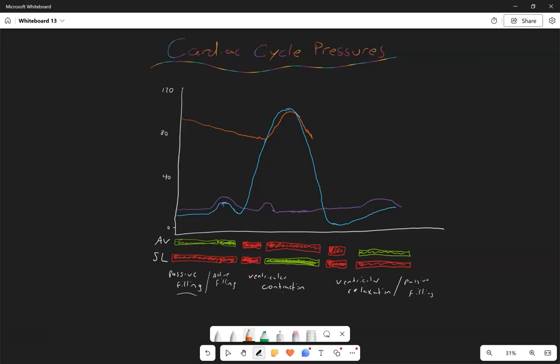Once we start to eject the blood, it enters the vessels, so the pressure inside the vessels comes up. Then during ventricular relaxation it comes down. Then all of a sudden those valves snap shut, and right there the blood pools in that vessel and you get a little uptick in the pressure like this.